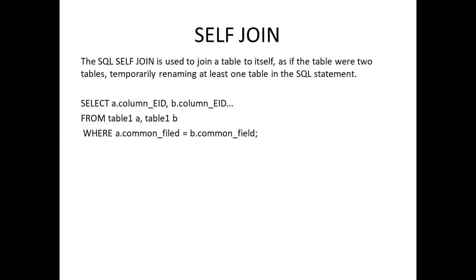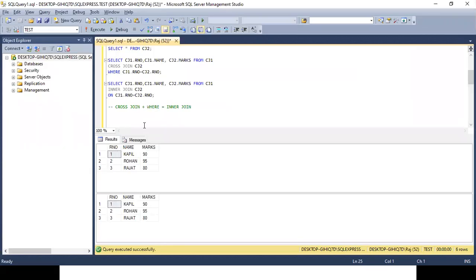Even if I am sounding a bit weird, I will prove this, that there is nothing known as self join. So just forget about this self join and let me give you one more example over here.